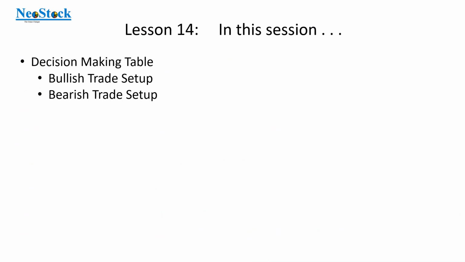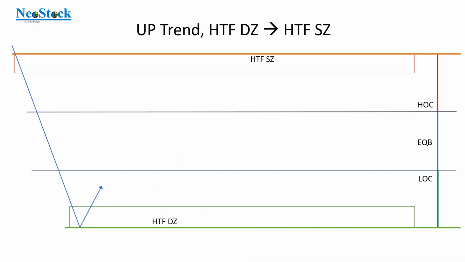Previously we discussed price direction. If you look at this diagram, it has an HTF demand zone and an HTF supply zone. In earlier lessons we already learned the location. Another name for the location is the curve.